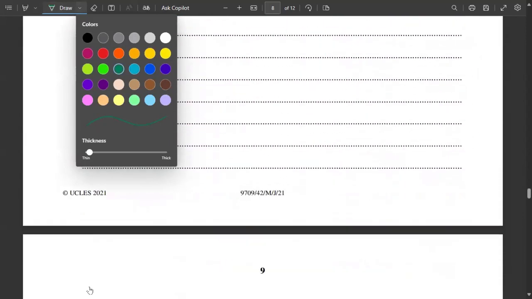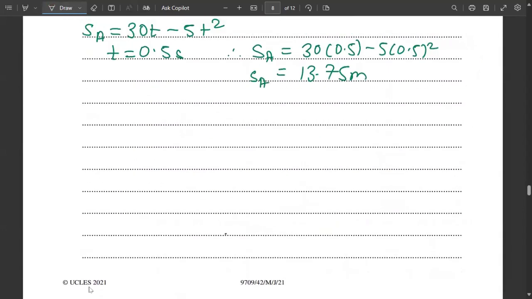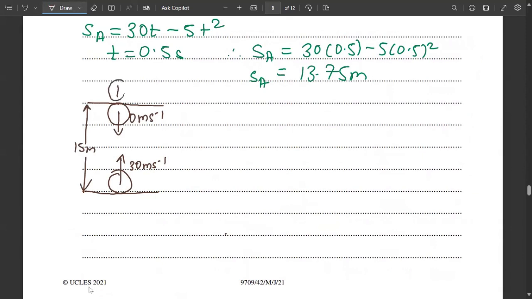So let me draw the diagram again. In short, this is the initial first diagram.